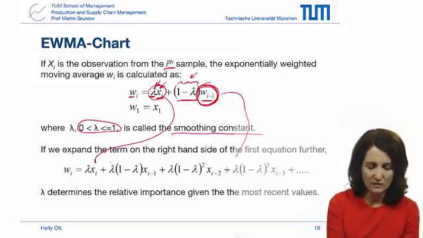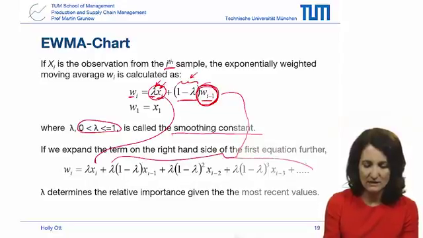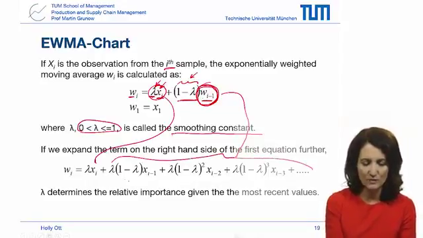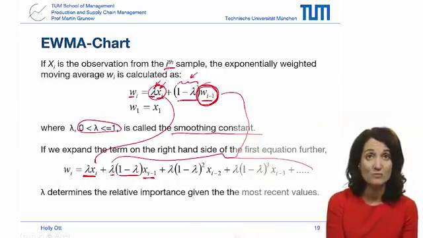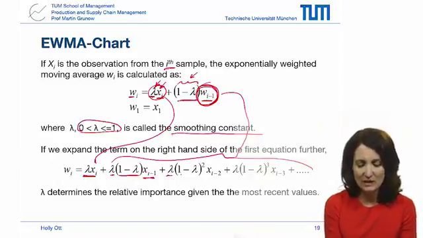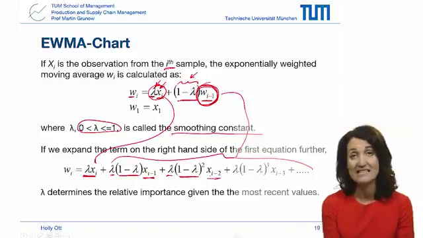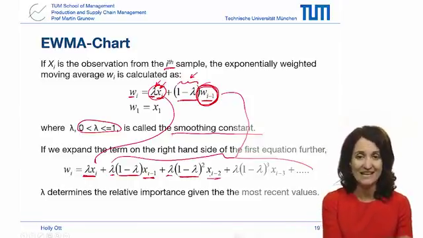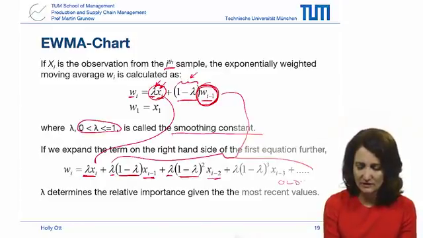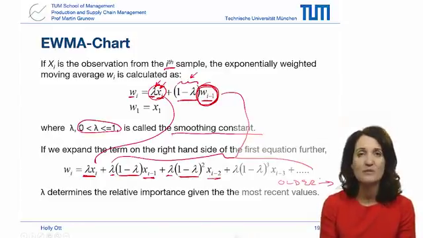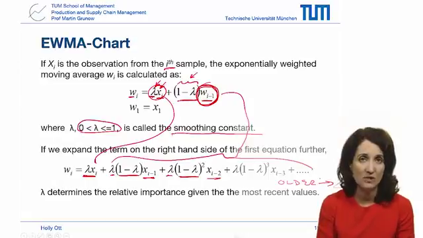If you expand wi minus 1 times 1 minus lambda, you end up seeing that you're going to have lambda times your most recent, lambda times 1 minus lambda from the next most recent, lambda times 1 minus lambda squared times the next most recent. So the older the data, the smaller and smaller the weighting becomes.